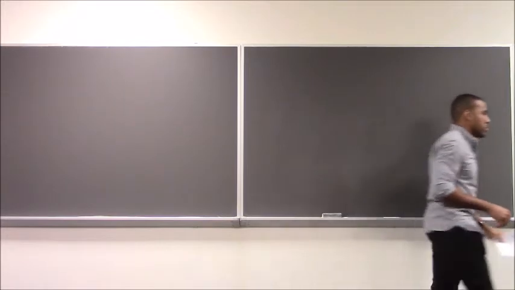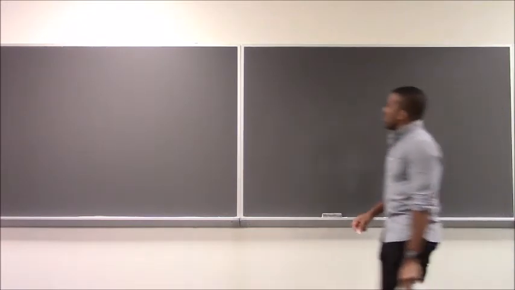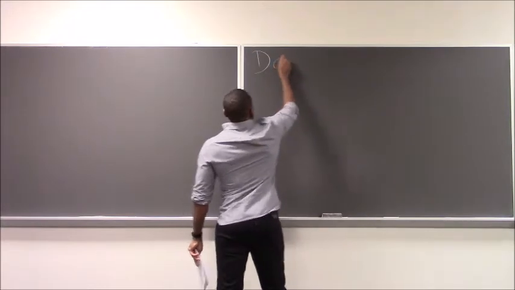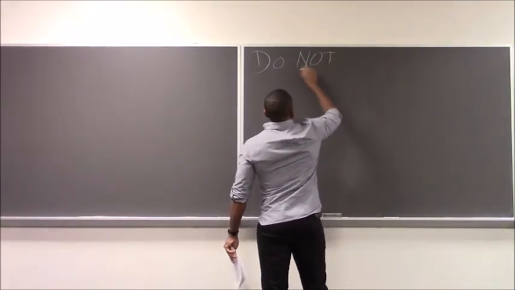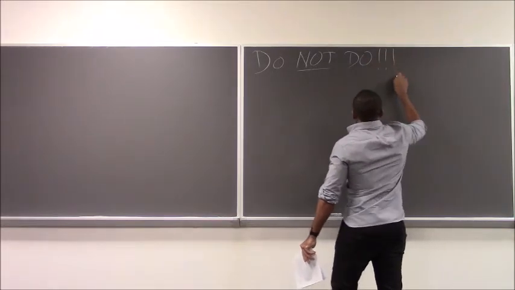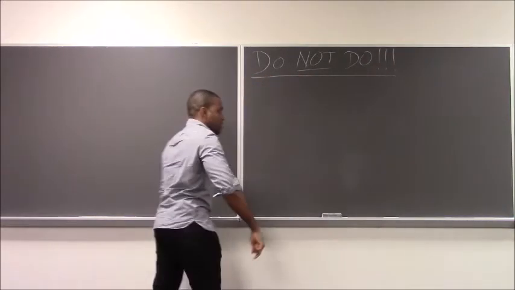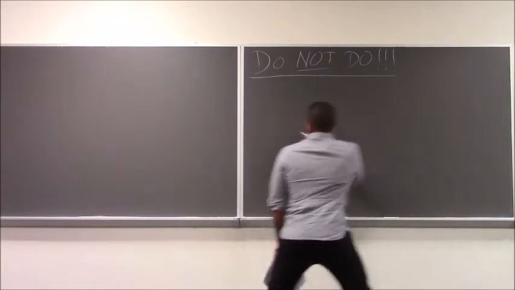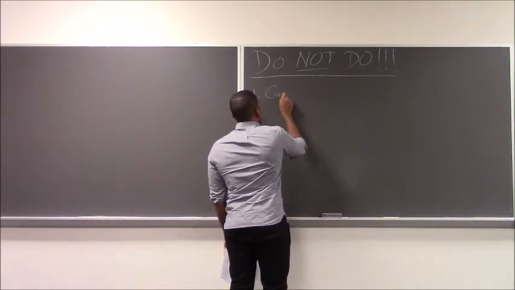Because these are important, I should probably talk about what some of these mistakes are so you know to avoid them. Do not do these under any circumstance. Even if someone's holding a gun to your head, number 1 is canceling across sums.